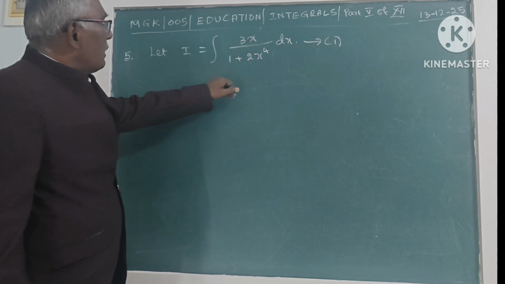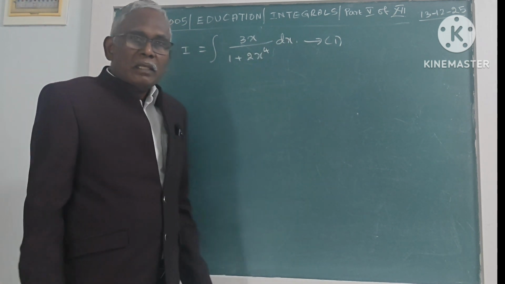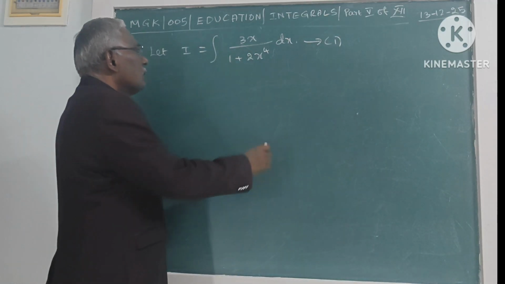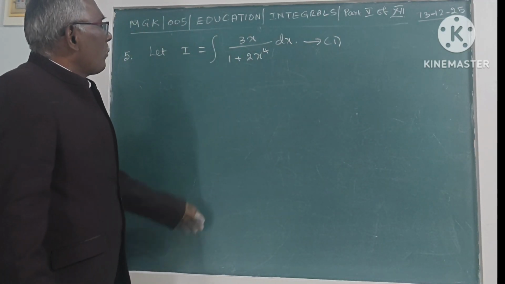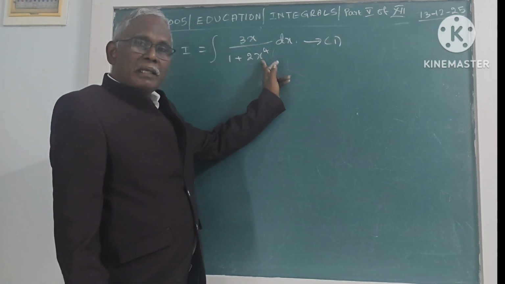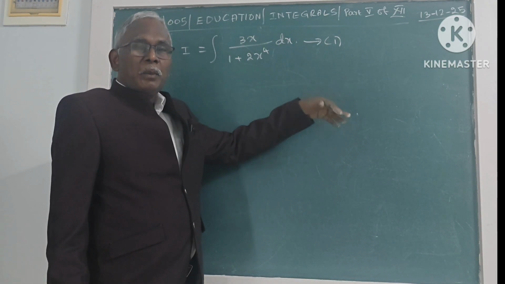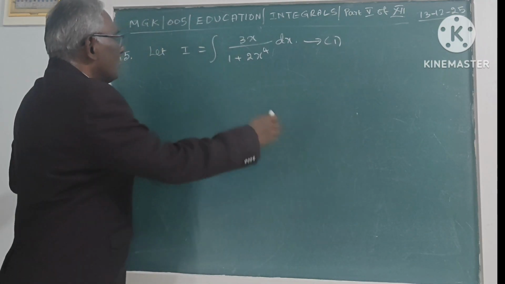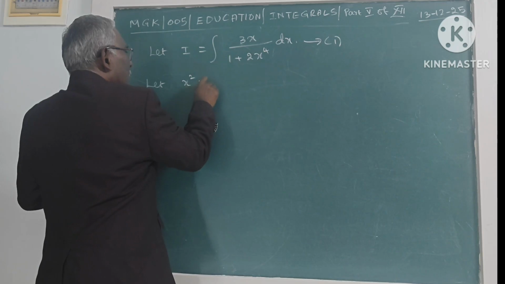So in this integral, we have 3x in the numerator and 1 plus 2x power 4 in the denominator, and this is not in the formula form. So if we take x square as y, then x dx becomes part of dy. So let x square is equal to y.